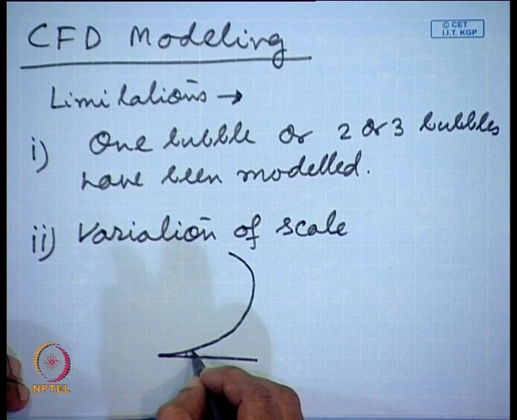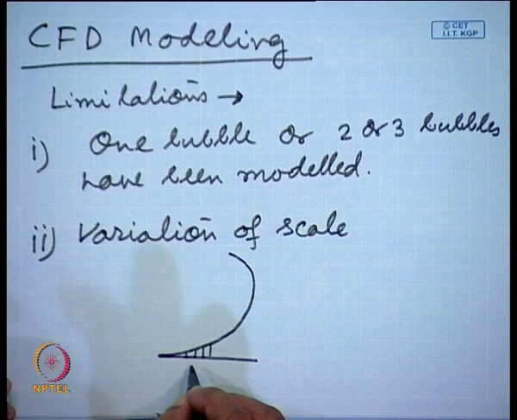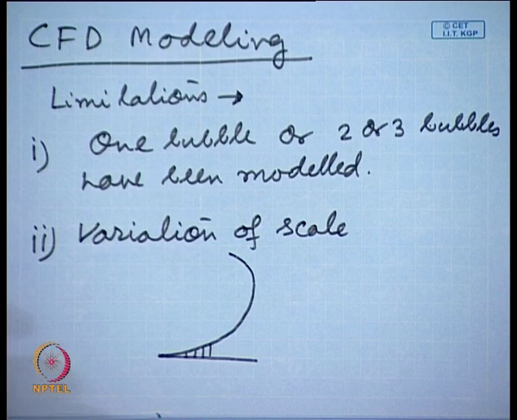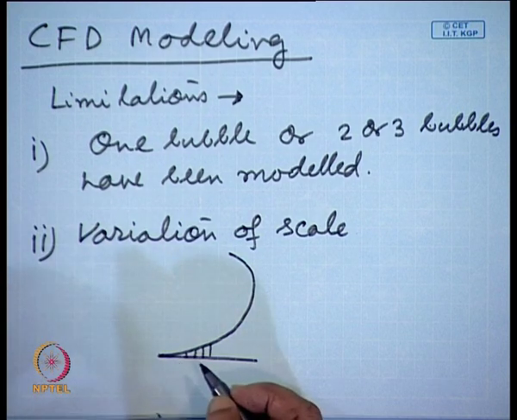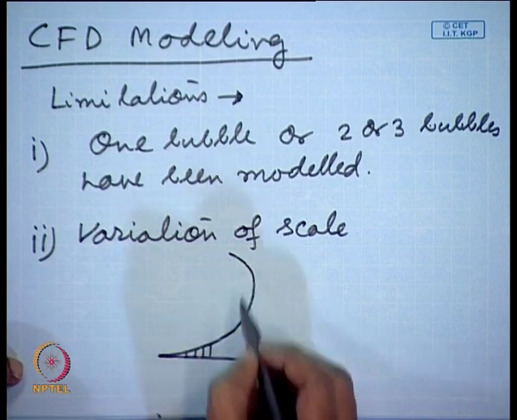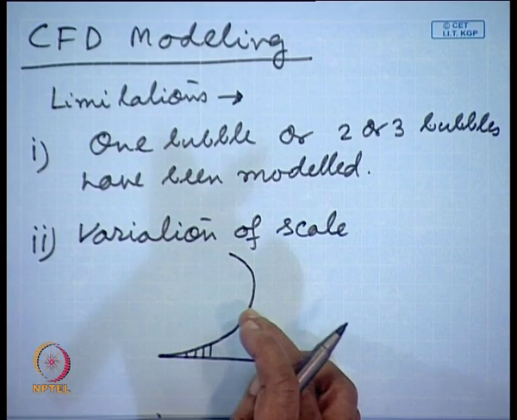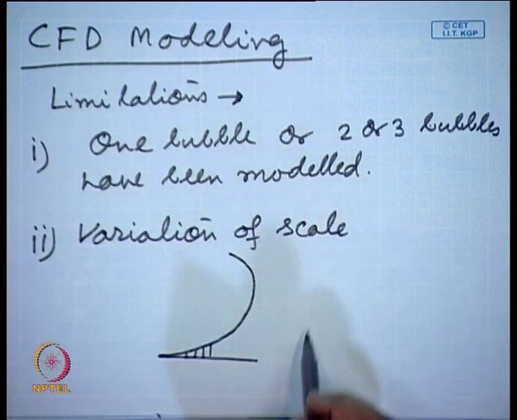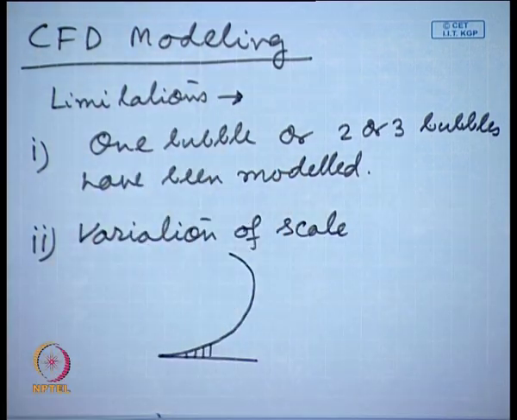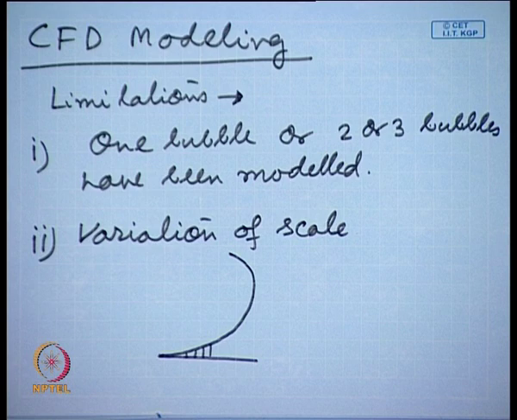Here the liquid layer is very thin and can even go to the molecular level, and then from the molecular level we have to go to the level of the bubble, and not only the bubble, we have to take some amount of surrounding fluid. So there is a variation of scale, and unless we take a multi-scale approach, this simulation cannot be done properly.